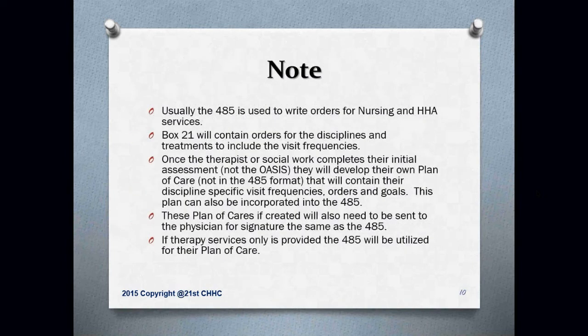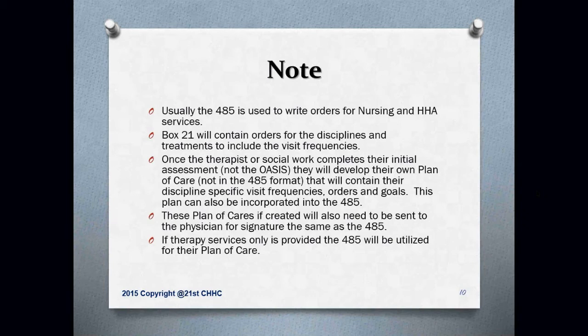So usually when we see the 485, if there's any nursing involved, then the 485 is going to have nursing and home health aide services. If there's not going to be any nursing, then you may see physical therapy that's using the 485. Regardless, there always has to be a 485 written for the patient.